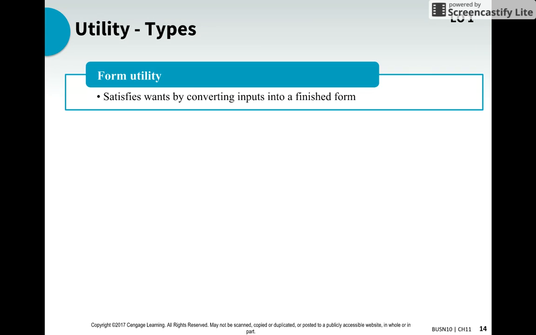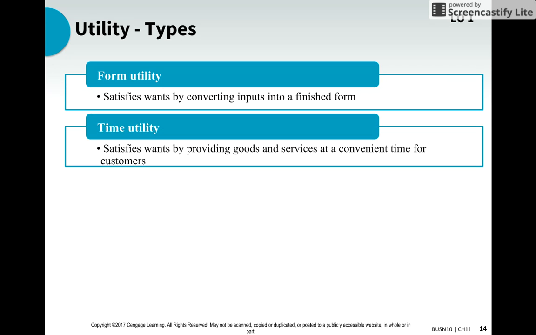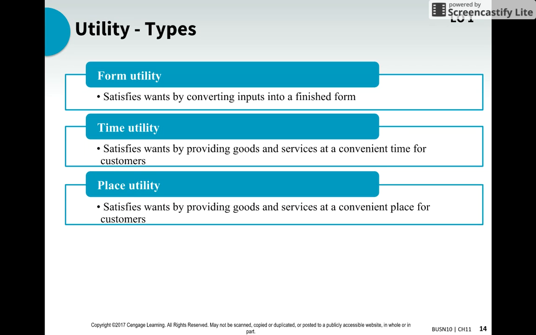All right, so moving on. There are different utilities. So the first one is the form utility, and that satisfies wants by converting inputs into a finished form. There's time utility, which satisfies wants by providing goods and services at a convenient time for customers.